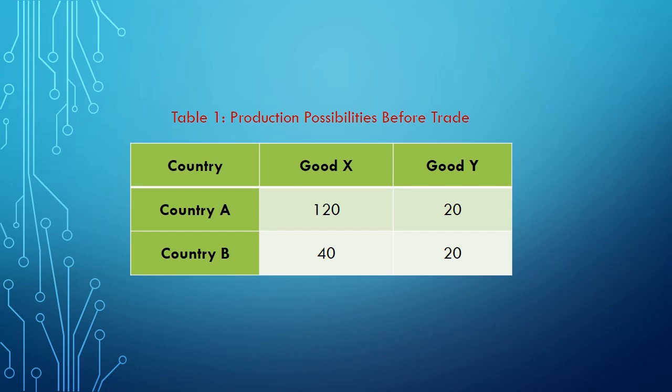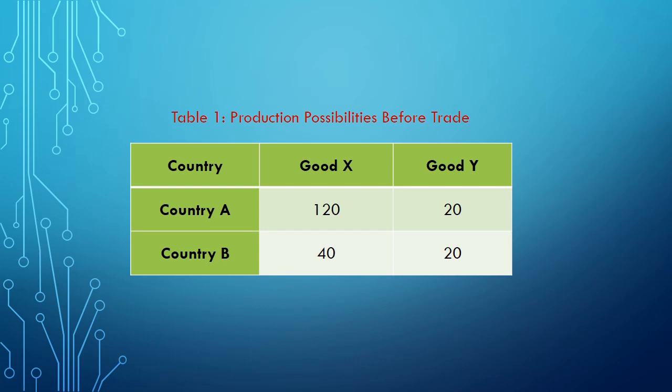Same thing for good Y. If country B wants to produce only good Y, it does not produce any good X. So country B can produce 20 units of good Y. So this is the production possibilities before trade.